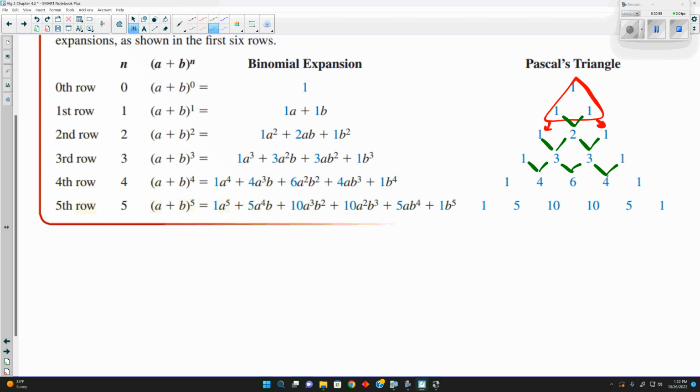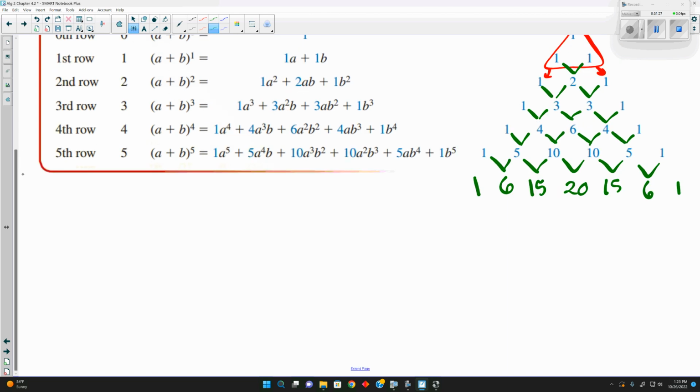So it gives us 1, 4, 6, 4, 1. 4 and 1 is 5, 4 and 6 is 10, 6 and 4 is 10, 4 and 1 is 5. If we wanted to do the next set, we'd have 1, then 6, 15, and you can keep on going.